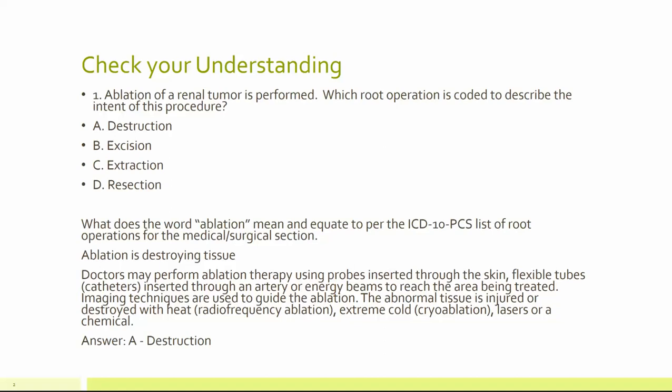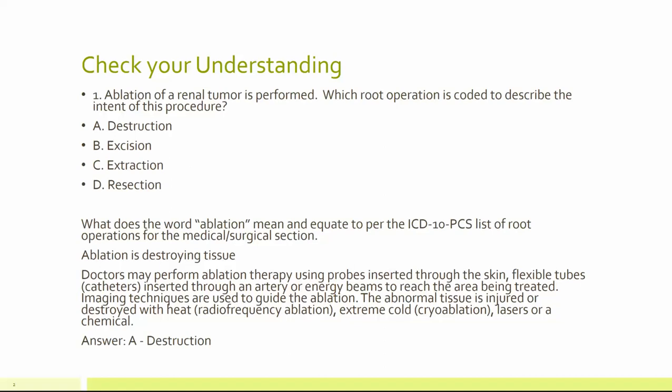So ablation by definition is destroying of tissue, and ablation also means that it's not done with a scalpel. There's no cutting other than the laser type cutting, but there's no knife used. They're using some type of energy or some type of an agent, such as a chemical agent. So the correct choice out of the 4 is A, destruction.